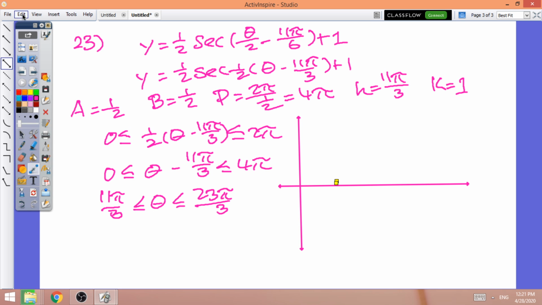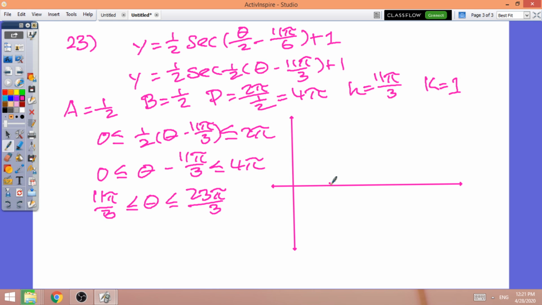Okay, so you don't want to make that too wide. So this one, 11 pi over 3, so 22 pi over 3 if you multiply by 2.